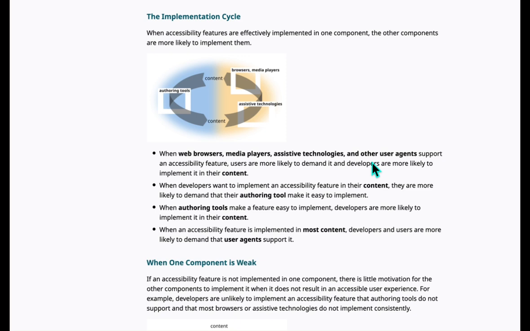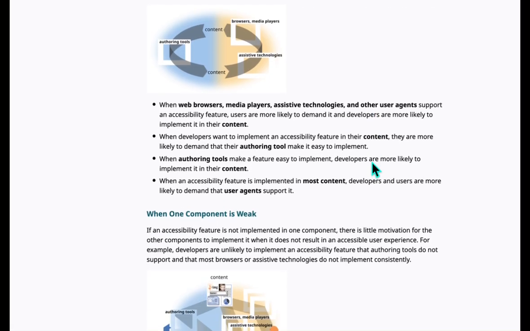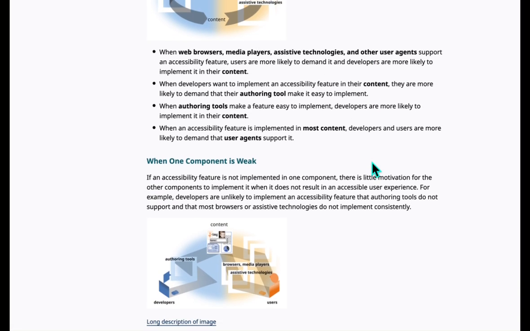When authoring tools make a feature easy to implement, developers are more likely to implement it in their own content. Now, when an accessibility feature is implemented in most content, developers and users are more likely to demand that user agents support it. So when one component is weak, what happens?